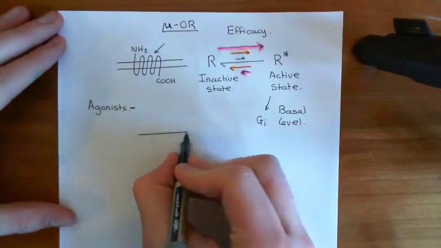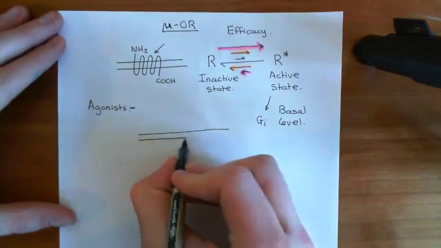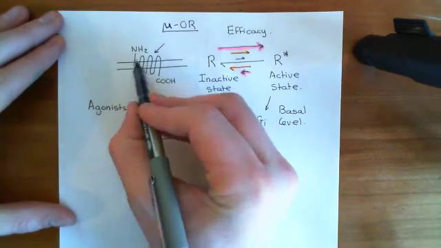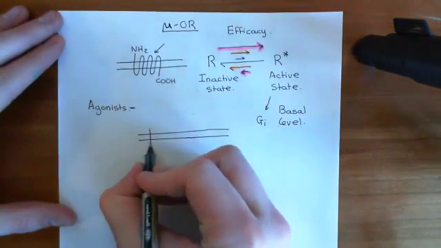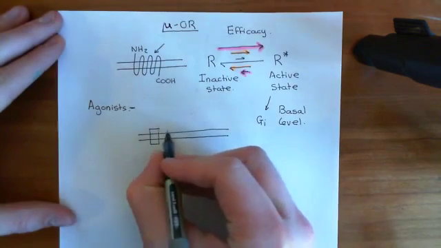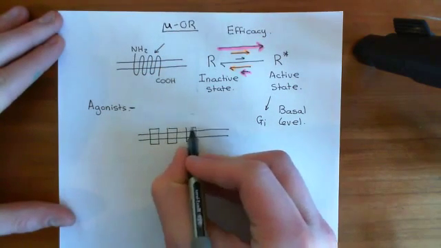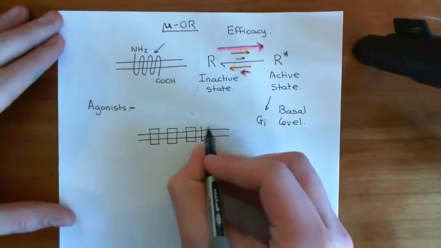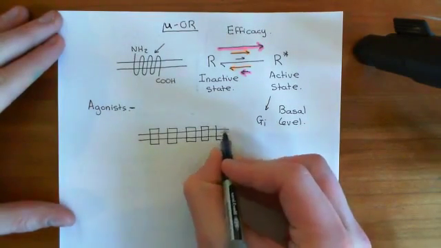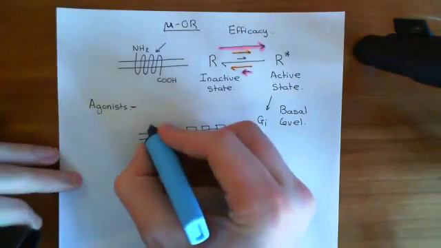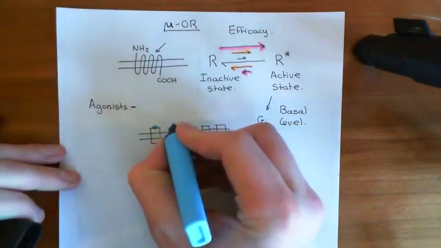Okay, so to make this clear, for the ease of drawing we'll represent the mu-opioid receptor as a box, basically. Okay, so these boxes now represent different mu-opioid receptors. So we are assuming that every single mu-opioid receptor has a ligand molecule bound to it. So let's say they've all got ligand molecules bound, which we'll show in blue here.